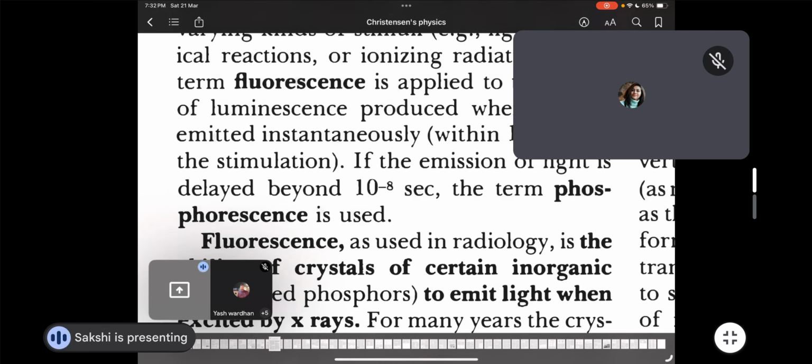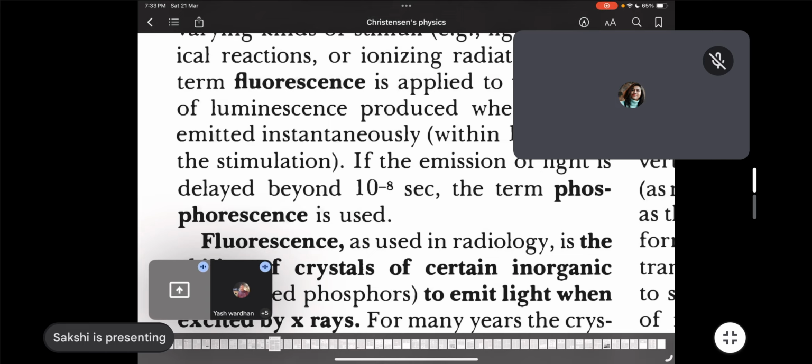The term fluorescence will be applied to what? Luminescence. What is luminescence, Yash? Ma'am, the objects which emit light are called luminescent objects.